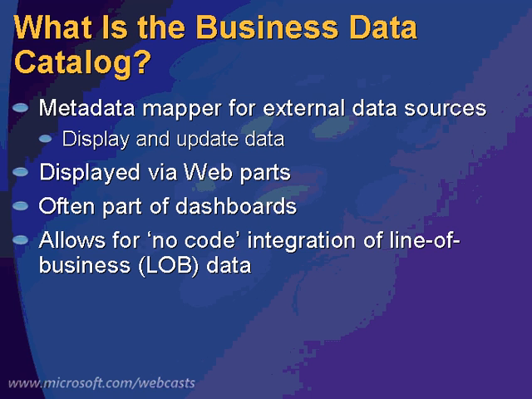In case you didn't catch our other webcast, the business data catalog is a no-code solution that allows you to expose data into SharePoint Portal Server UI. And the way that you set it up is you have the appropriate version of MOSS, and then you create either manually an XML file, which is called an ADF, an application definition file, or you use one of the tools that are being made available on the web to map.